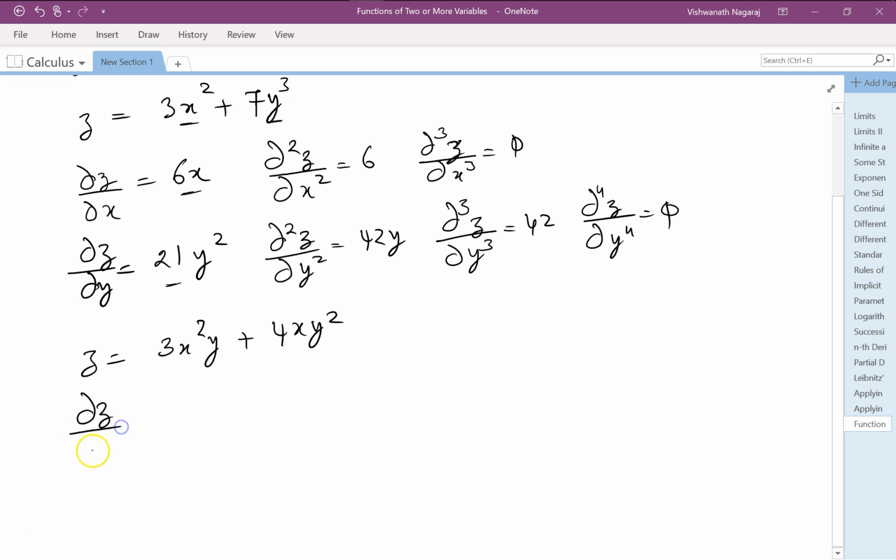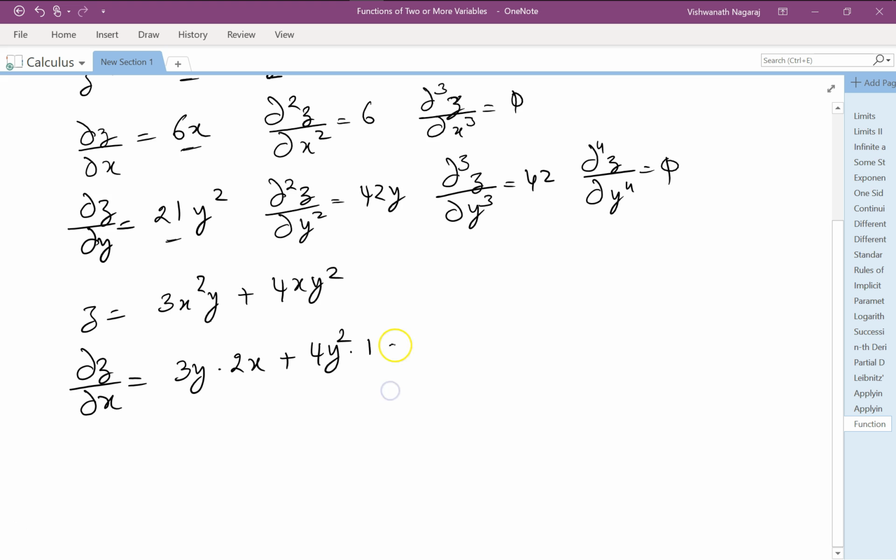Dou z by dou x, with respect to x, which means we assume y is constant. So this becomes 3y times 2x, plus 4y squared times 1, which is equal to 6xy plus 4y squared.